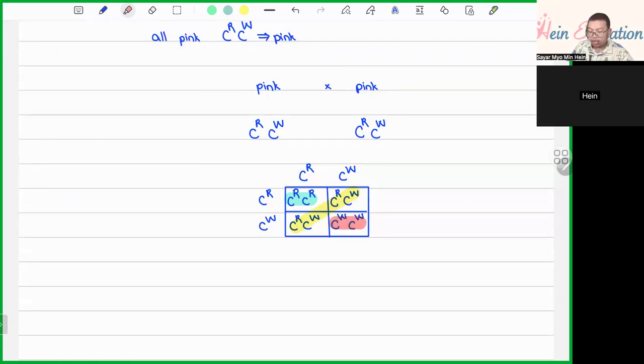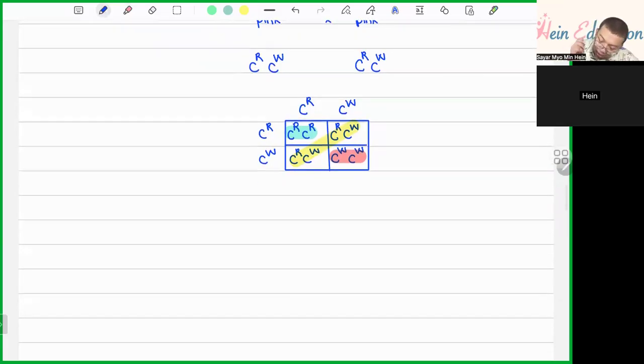So we again got similar results as when we cross two heterozygous tall plants. But in this case, one interesting thing is that they have the same ratio for both genotype and phenotype. So let's say genotype ratio.